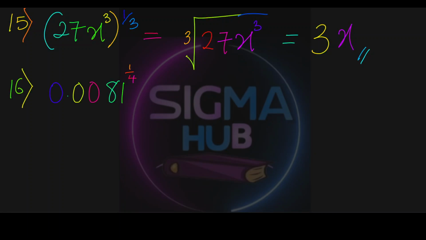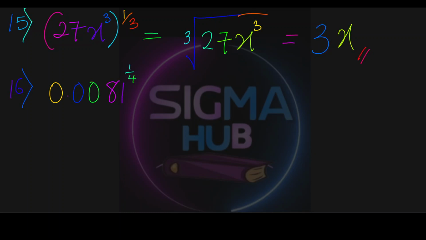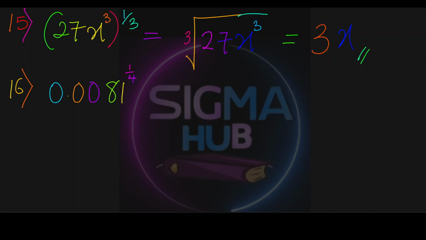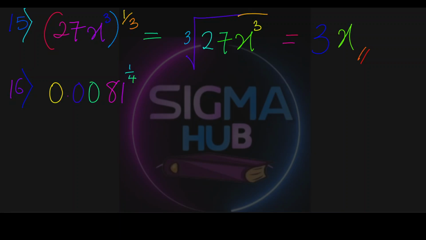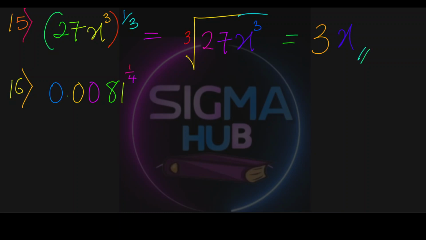Now this question says you should solve 0.0081 all raised to the power of 1 over 4. You can see this is a decimal number given to you. And let me quickly note something. When you have a decimal number in indices like this, the best thing you can do is convert it to a fraction.